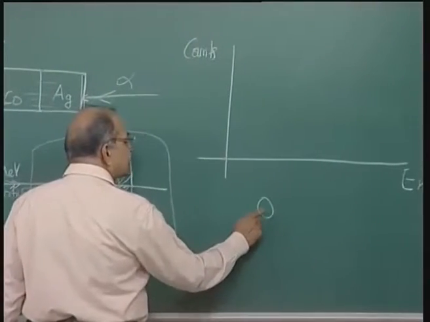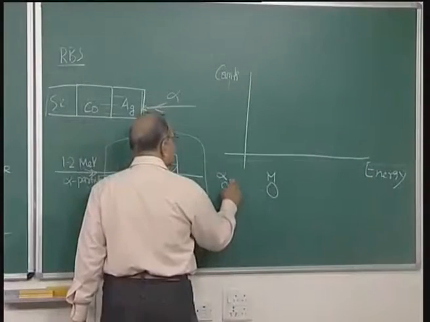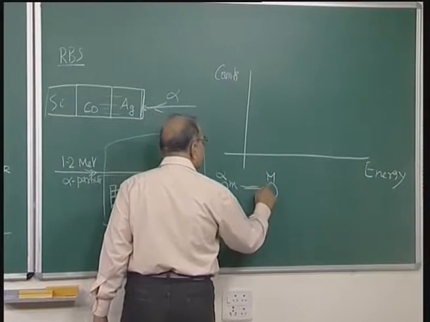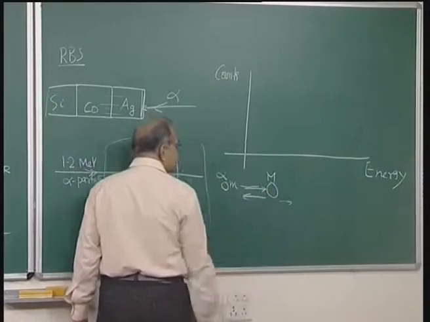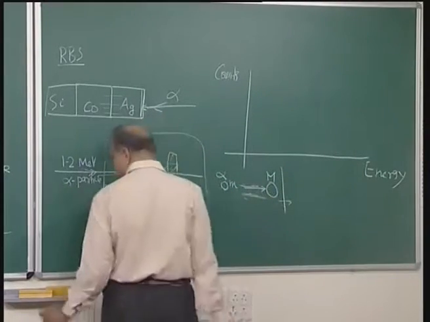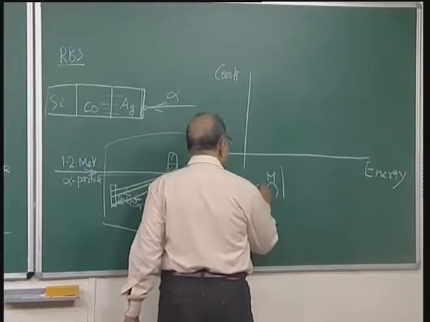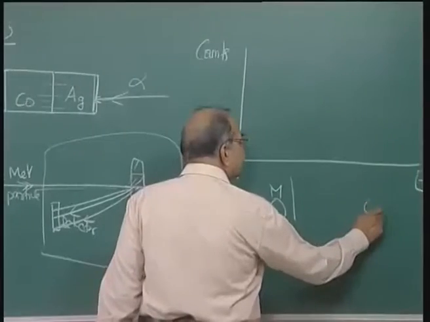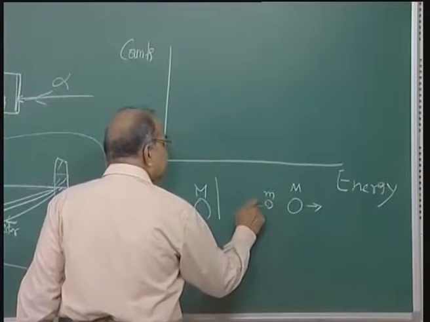If you have a nucleus here, mass capital M, and this is the alpha particle, mass small m, and suppose it goes and comes back and the nucleus goes in this direction. This is the initial condition when the alpha particle is going, and then after scattering, capital M will go in this direction and small m will go in this direction.